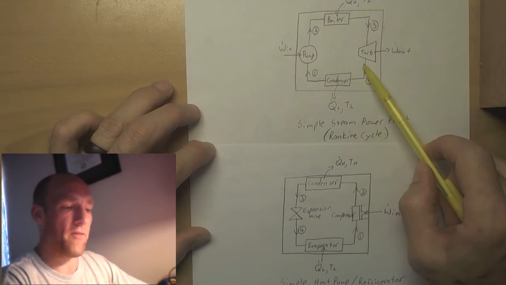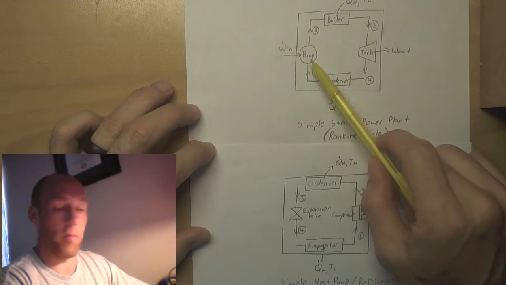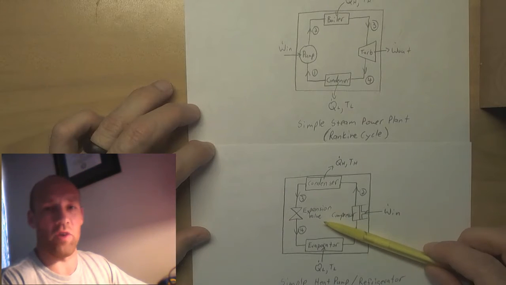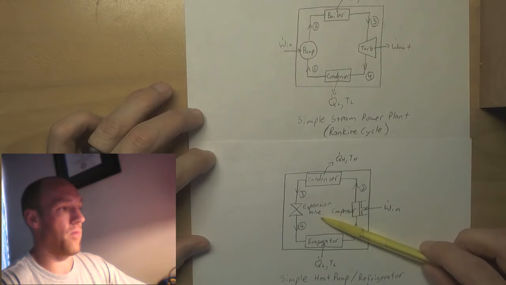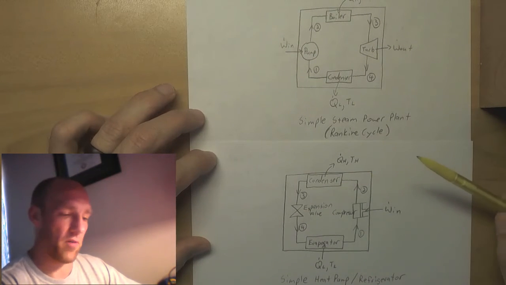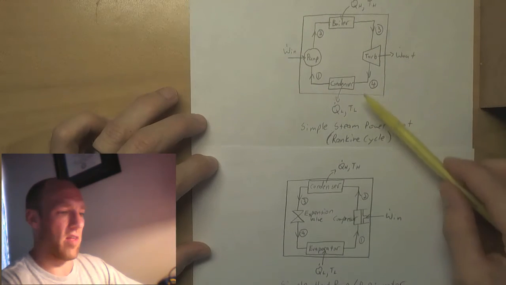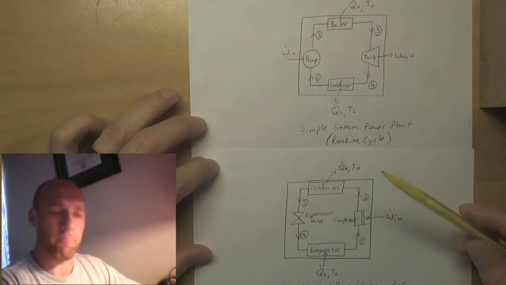So the process would be more efficient if I had a more complicated mechanical device. However, cost usually dictates the choice of going with an expansion valve over a more complicated mechanical device. But other than that, this device is essentially the same as this one with all of the arrows flipped.